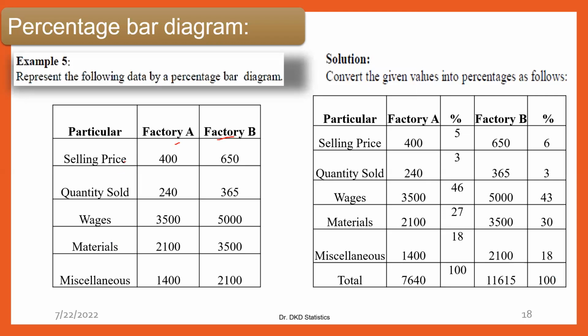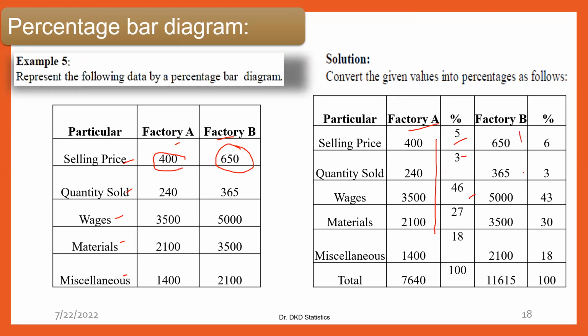In the same way we can see here factory A and factory B. Each factory has selling price, quantity sold, wages, materials, miscellaneous. For each factory a different selling price is given for each item. Now for creating the component bar diagram, for factory A this item is given. We have to calculate the percentage for each item here.